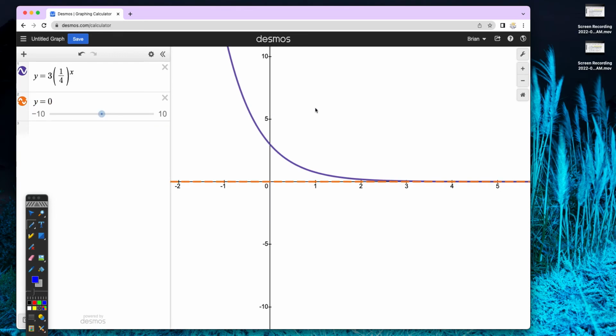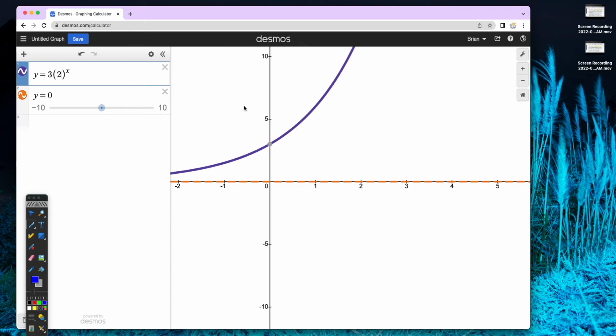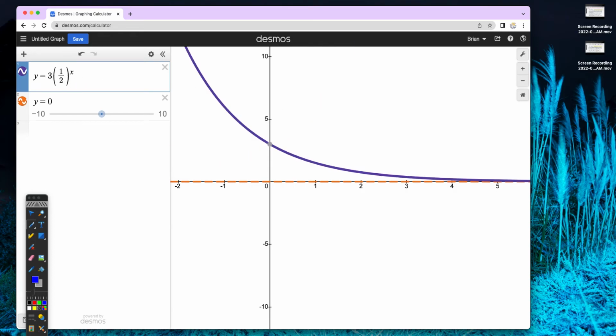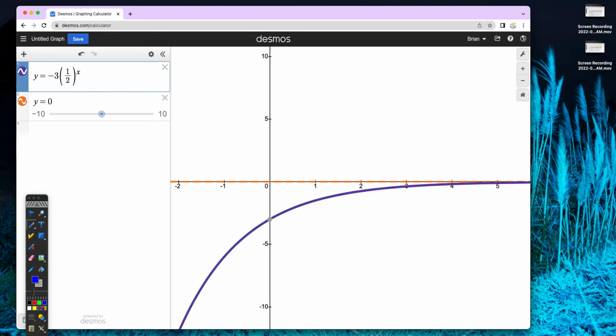The other things we cared about were end behavior. Well, if it's a growth curve, it goes from Q2 to Q1. If it's a decay curve, it goes from Q2 to Q1, right? Now, those will change if you have negative A values, right? So if we made that a -3, we can get this thing to go from Q3 to Q4. But we're actually going to deal with that a little bit differently within the courses that we teach here in Nova Scotia.